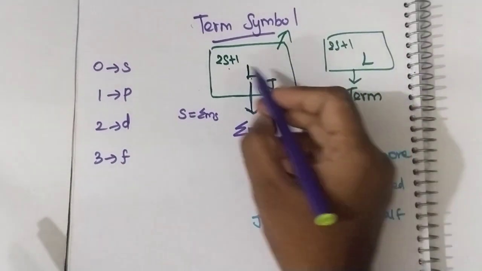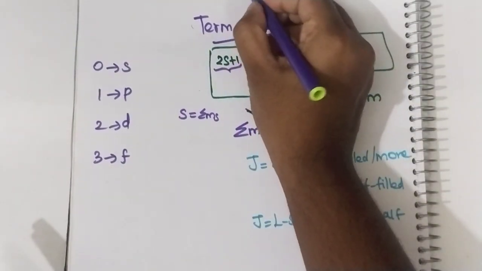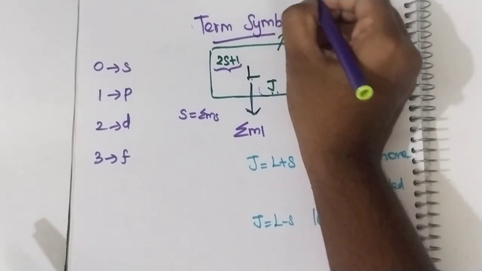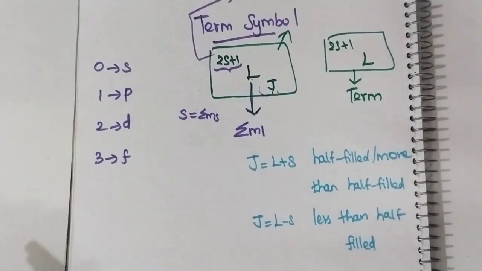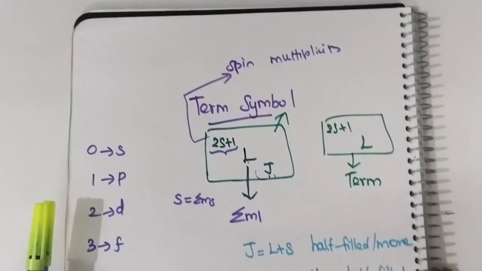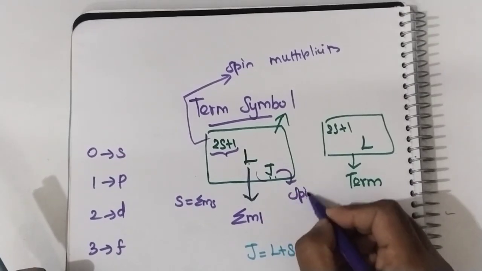First of all, what does this 2S plus 1 mean? It is known as spin multiplicity. Then J means spin orbit coupling.